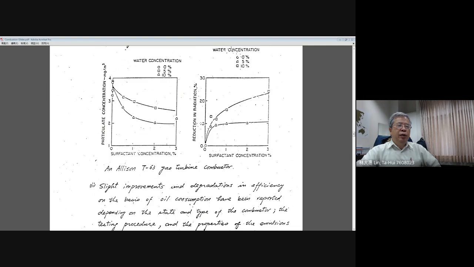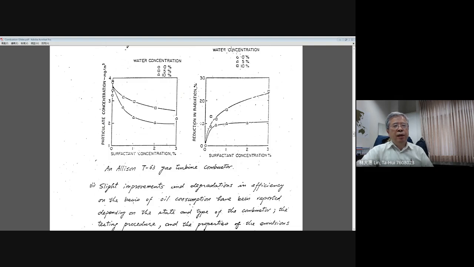And here they tell you originally the reference is equal to 0. That means the reduction in radiation equals 0. This is the reference point. And when you add the 5% of water, you can see a very large jump to 10% reduction in radiation here, for different kinds of surfactant concentration.